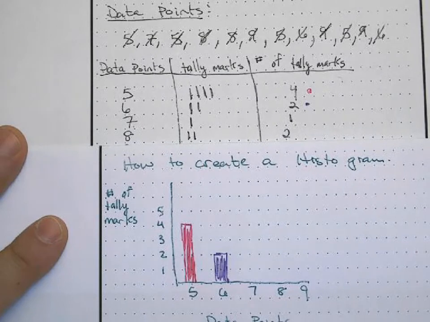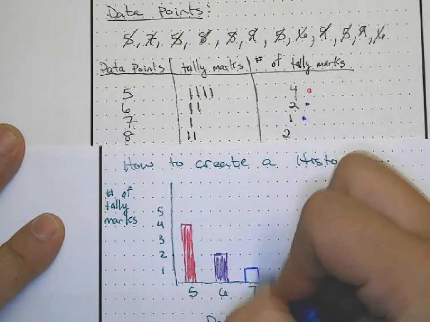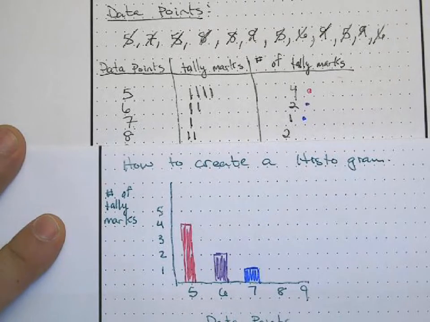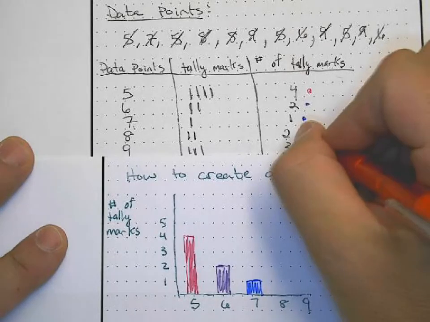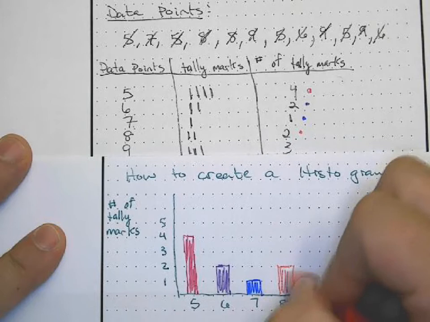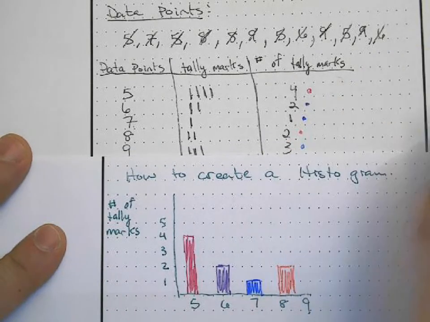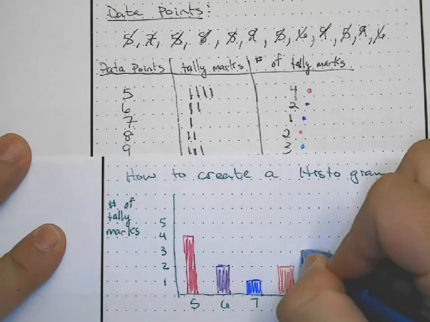My 7 has 1, so I'm just going to create a bar that goes up to 1. My 8 has 2, so I'm just going to create a bar that goes up to 2. And then 9 has 3, so I'm going to create a bar that goes up to 3.